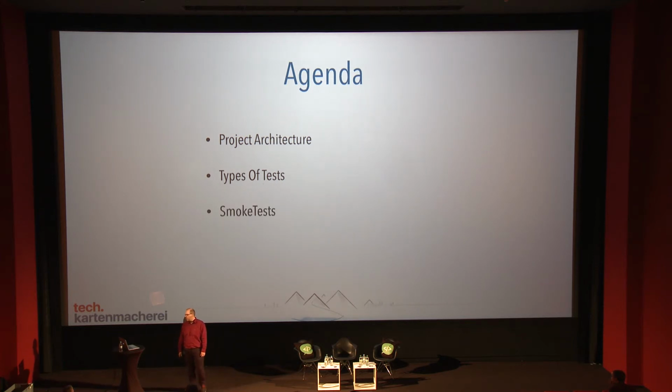Then we go into more detail about smoke testing, and I will show you how we do this, in code as well. Last but not least, I want to show you how we deploy our code, what the architecture looks like, and how smoke testing plays into the game there.